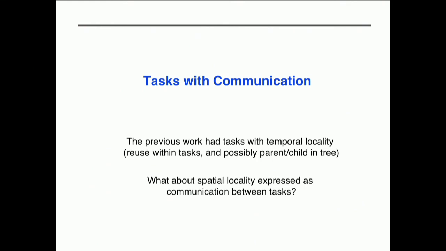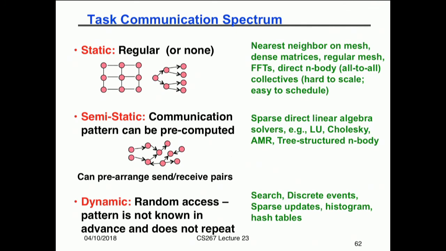Okay, last class of things, which I'll give you a little more information about: what happens if we have tasks with communication. Our communication pattern between tasks could be some kind of regular pattern. The most common would be something like nearest neighbor. You've seen this in lots of examples so far: you've got a mesh and you're doing nearest neighbor communication on that mesh.